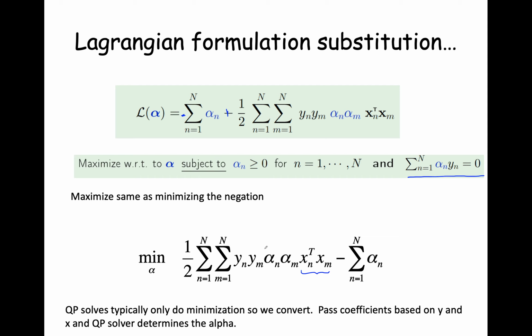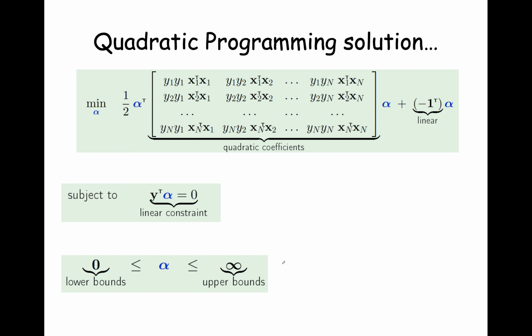Well, it's quadratic in the free variable. That's like saying alpha squared. And we have some coefficients, and we're trying to find the alpha free variable that minimizes this expression. And so we do this conversion because we want to use a quadratic programming solver. Okay? All right. So let's continue on.